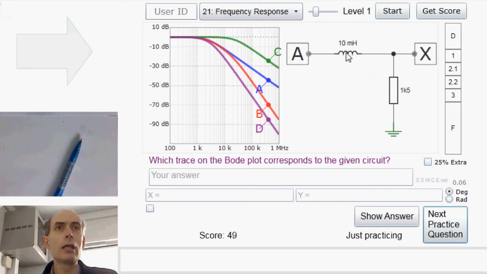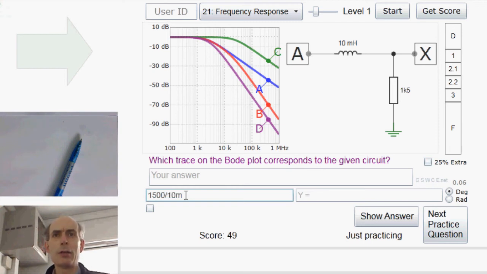Where is the pole frequency here? Well, for an LR, an inductor resistor combination like this, the pole frequency in radians per second is given by the resistor divided by the inductor. So that would be 1500 divided by 10 milli.